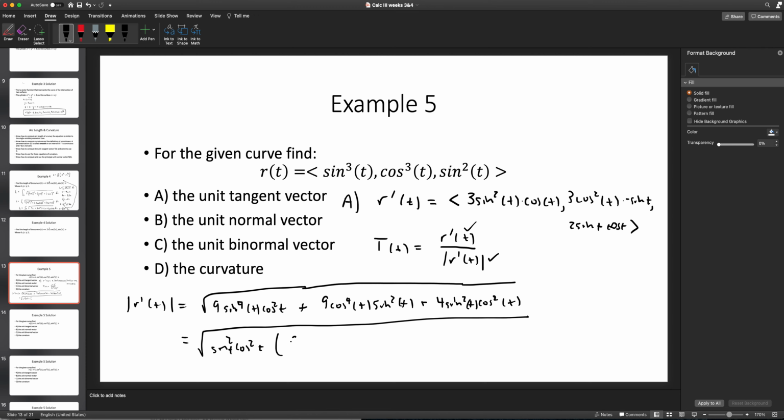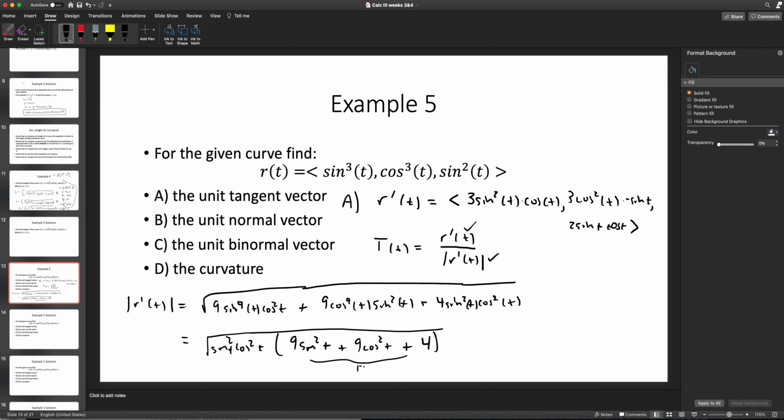What are we left with? 9 sine squared t plus 9 cos squared t plus 4. 9 sine squared t plus 9 cosine squared t is just 9, and 9 plus 4 is 13. So this works out to be 13.